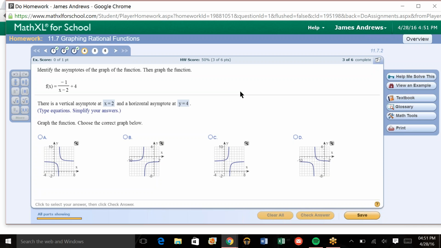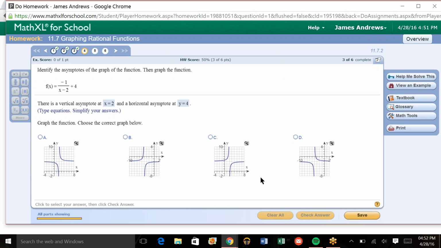Plus 3. That means I can't be over here. In other words, oh yes, I am over there, rather. It's got to be this curve here, because when I go to the right of 2, I'm less than 4, not greater than 4.